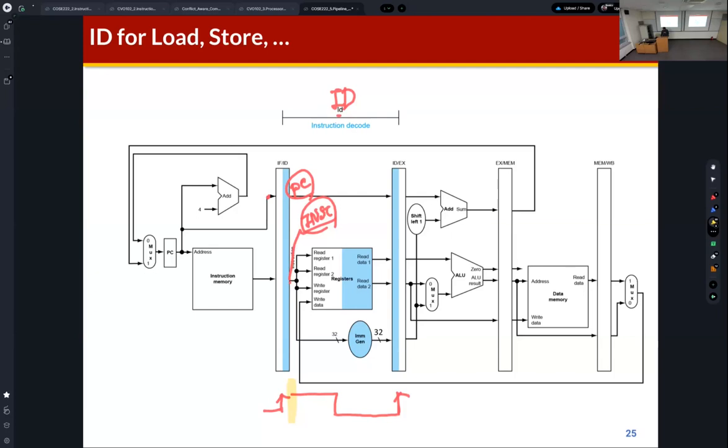So these data, the PC and instruction data, are given to data path elements like the register file and immediate generator. Then we can get several data. Actually, for the PC we do nothing.